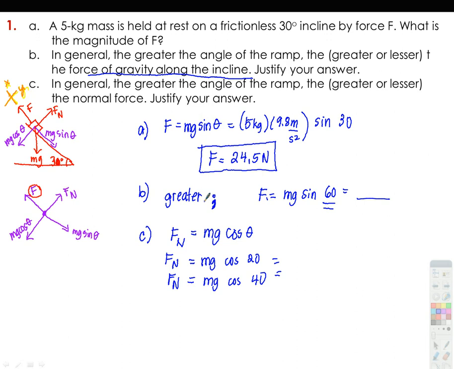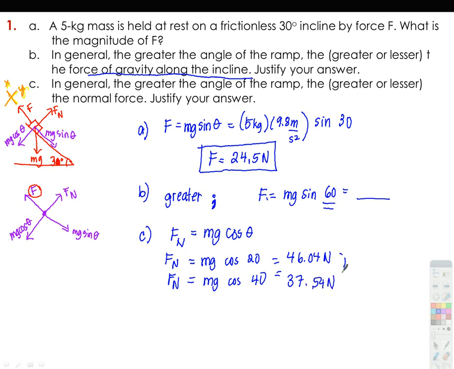You will see that your Fn will be, okay, let me just calculate that one. 5 times 9.8 times cosine of 20. This should be 46.04 newtons. And then the other one should be 37.54 newtons.